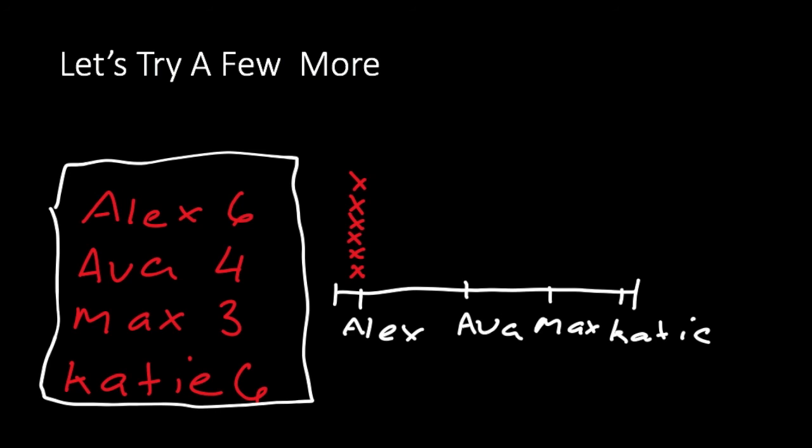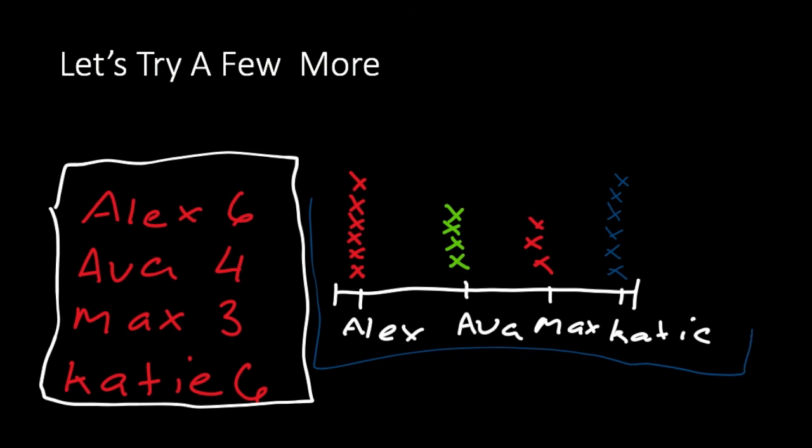I'm going to put 4 X's. 1, 2, 3, 4. And then how old is Max? Max is 3, so I'm going to put 1, 2, 3, and then how old is Katie? Katie is also 6. So 1, 2, 3, 4, 5, 6. So we are done plotting the number of their age.